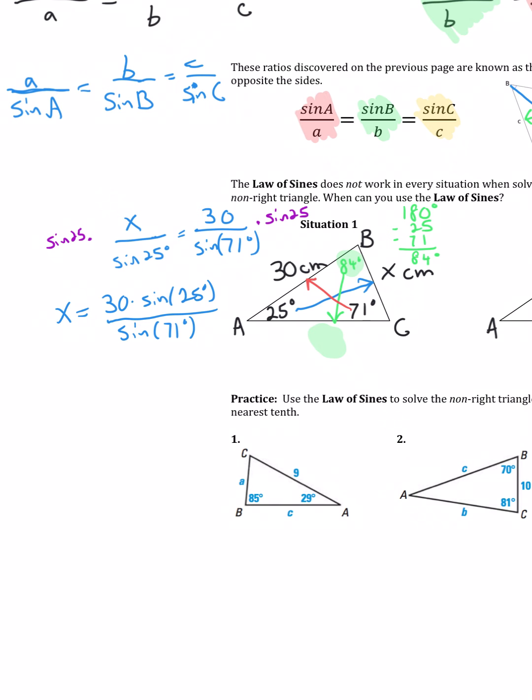Because I was using that formula, it's going to make it easy for us to get x by itself. Now I can plug that into my calculator, and I'm going to get x is approximately 13.4 centimeters. I'm just going to round to the nearest tenth for right now.